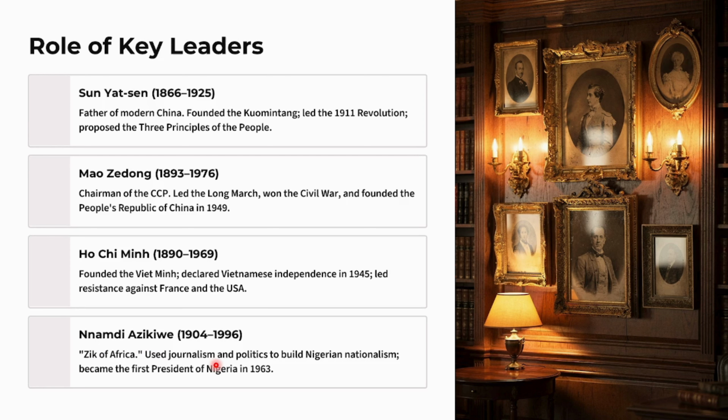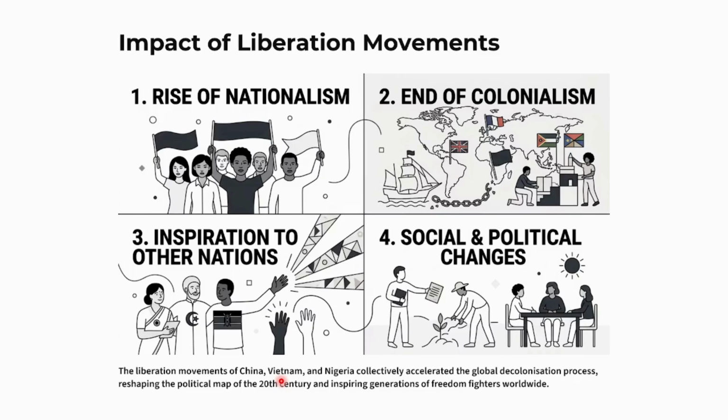He used journalism and politics to build Nigerian nationalism and became the first president of Nigeria in 1963. So what is the impact of the liberation movements? They raised nationalism, ended colonialism, inspired other nations, and brought social and political changes. The liberation movements of China, Vietnam and Nigeria collectively accelerated the global decolonization process, reshaping the political map of the 20th century and inspiring generations of freedom fighters worldwide.